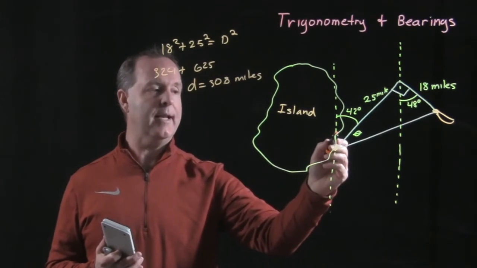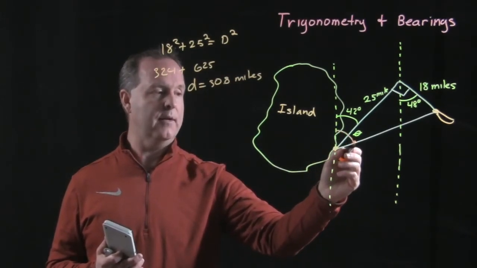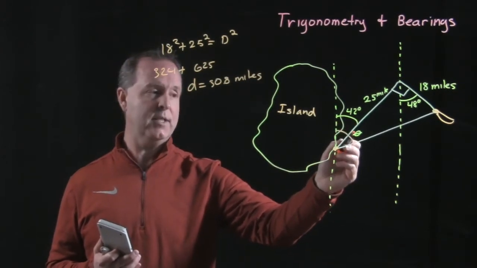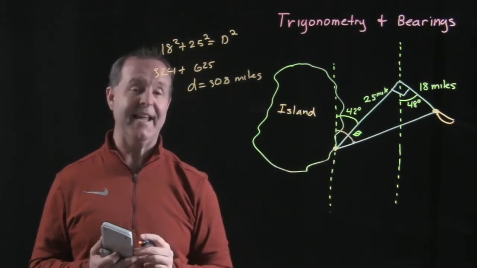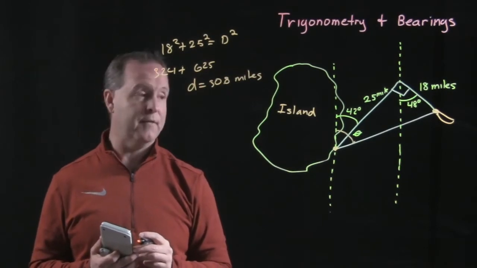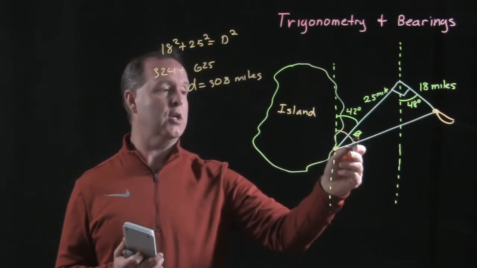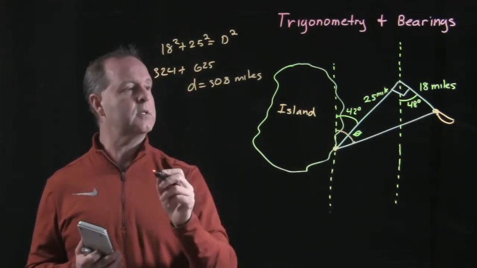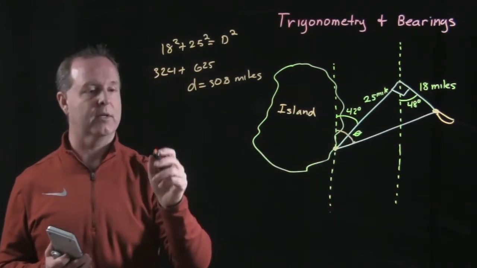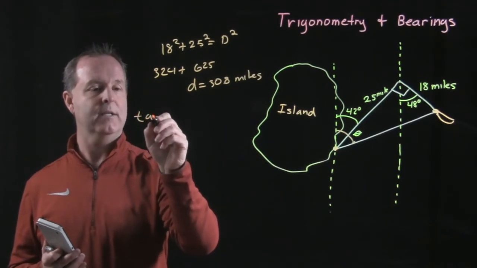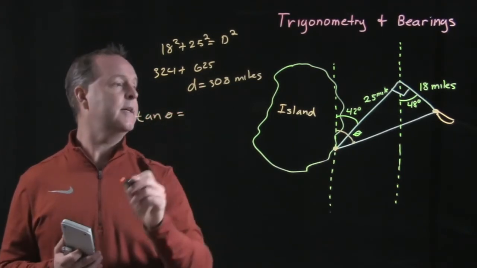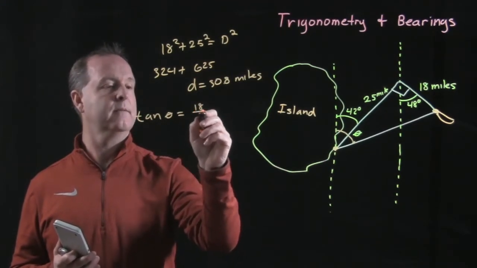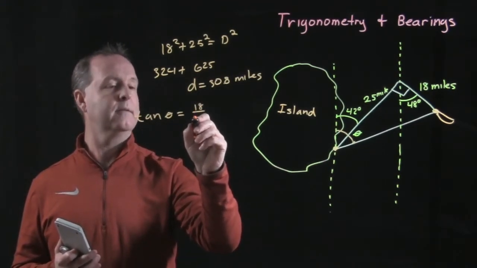The bearing is this angle from the north down towards that. We already know that 42 degrees of it is defined. We just need to figure out what this remaining part is, what that theta is. Is there a trigonometric function I can use to help me determine theta in a right triangle? There is. That looks like it would be those legs, which are tangents. So the tangent of theta equals the opposite over the adjacent, which is 18 over 25.